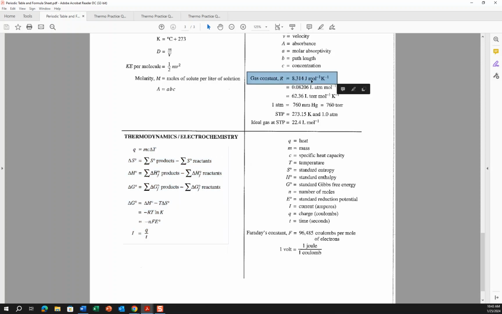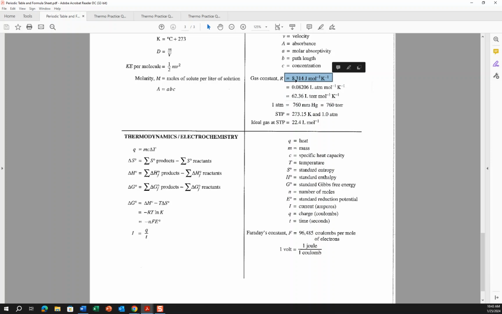Whenever you're dealing with thermodynamics, especially these equations that have R in them, the R value in question is this R value. This R value here you tend to use with the ideal gas law, same with this one. This R value you don't really use with the ideal gas law. This is for thermo and electrochemistry.